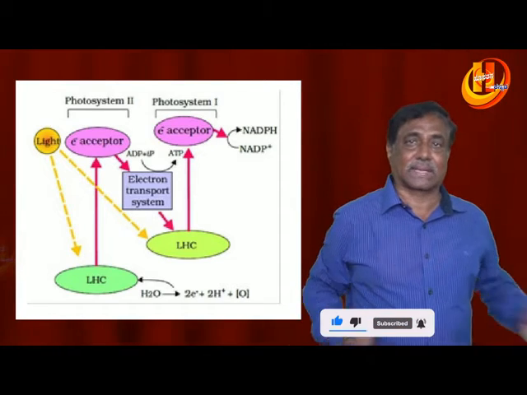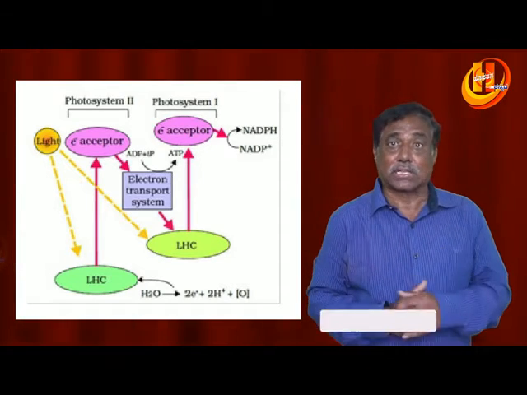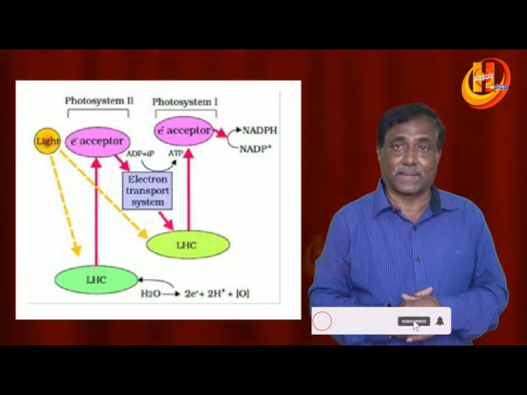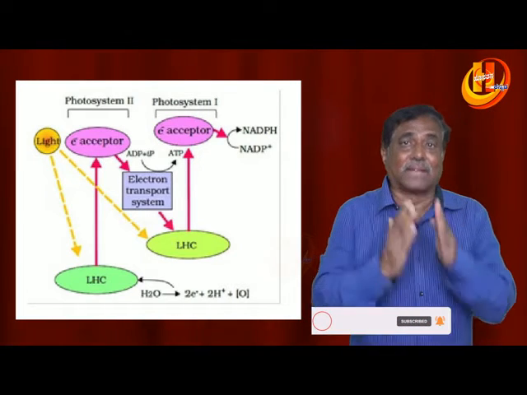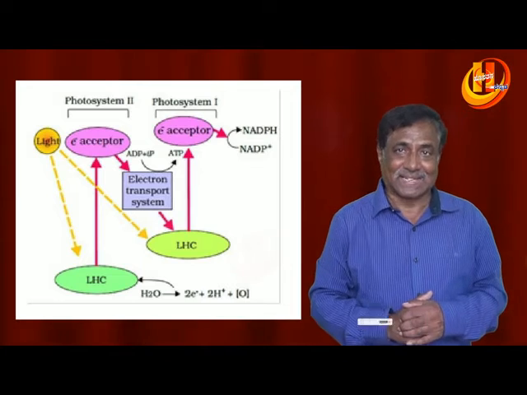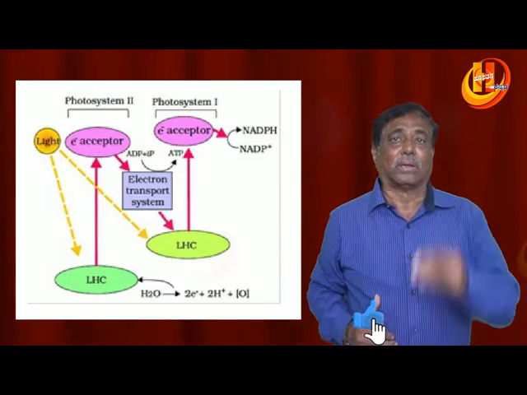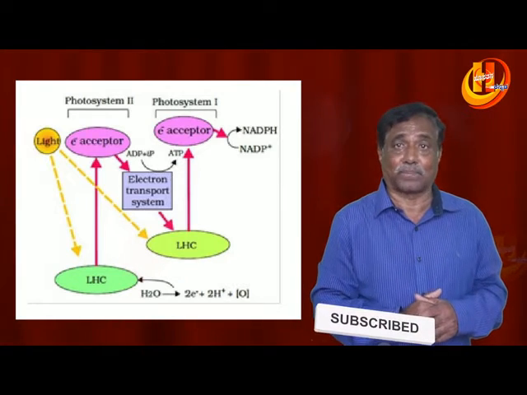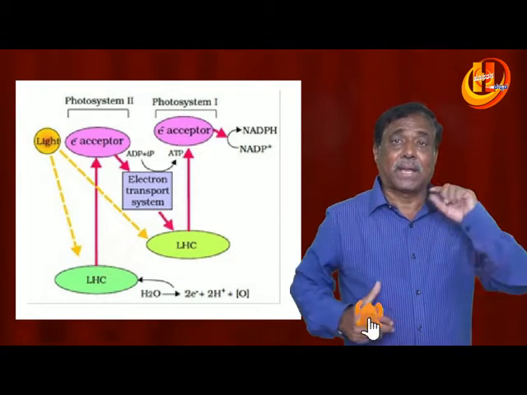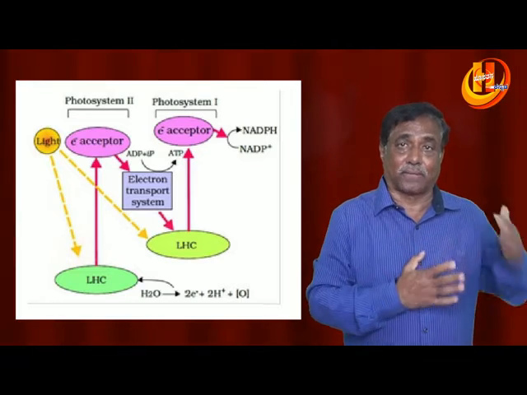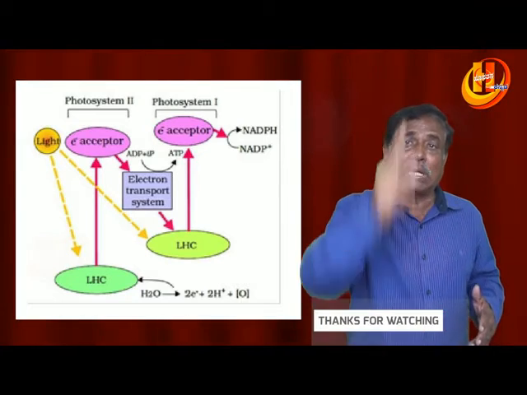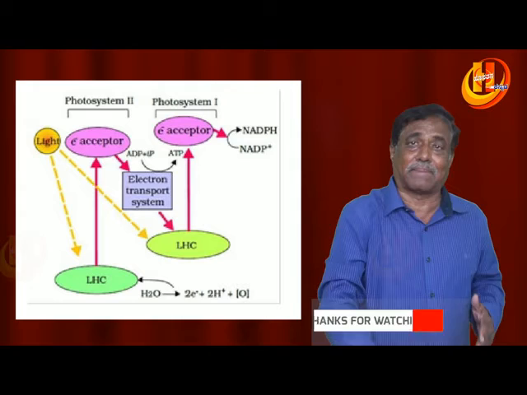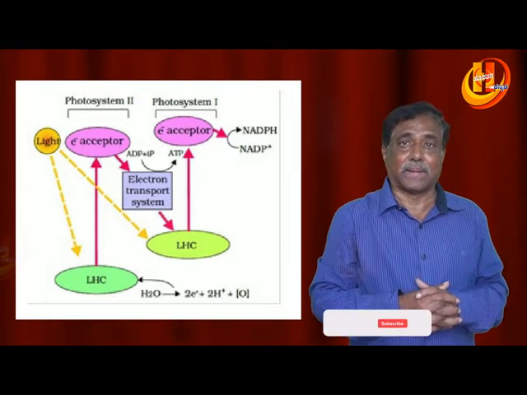We discussed that in the previous chapter on mineral nutrition. Thus oxygen is released during photosynthesis in non-cyclic photophosphorylation, and all the oxygen released during photosynthesis comes only from water, not from carbon dioxide. Again, this is very important.